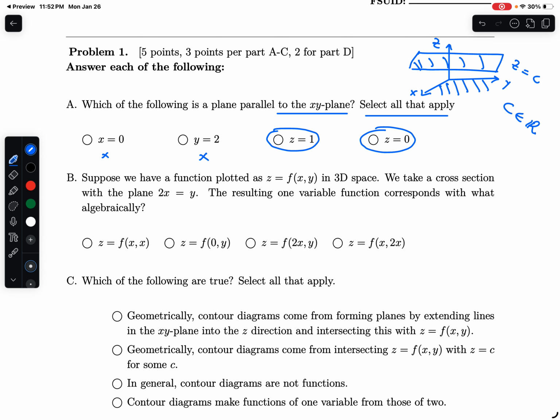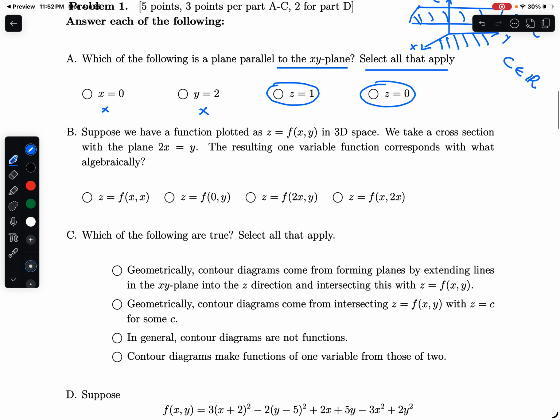and then expanding this one, (y minus 5) squared is y squared minus 10y plus 25, and then keeping this the same, 2x plus 5y minus 3x squared plus 2y squared. Now the next step is, f of x comma y is, I'm going to distribute 3 inside.